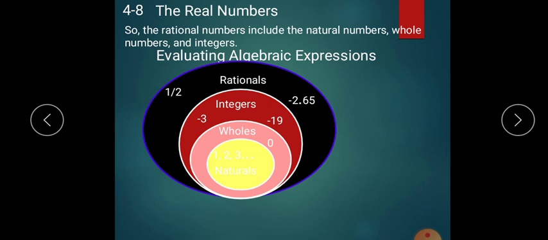And if I include these rational numbers, as you can see 1 by 2, minus 2.65, then we get the set of rational numbers. So this bigger one is the set of rational numbers. So rational numbers consist of natural numbers, whole numbers, integers as well as fractions.